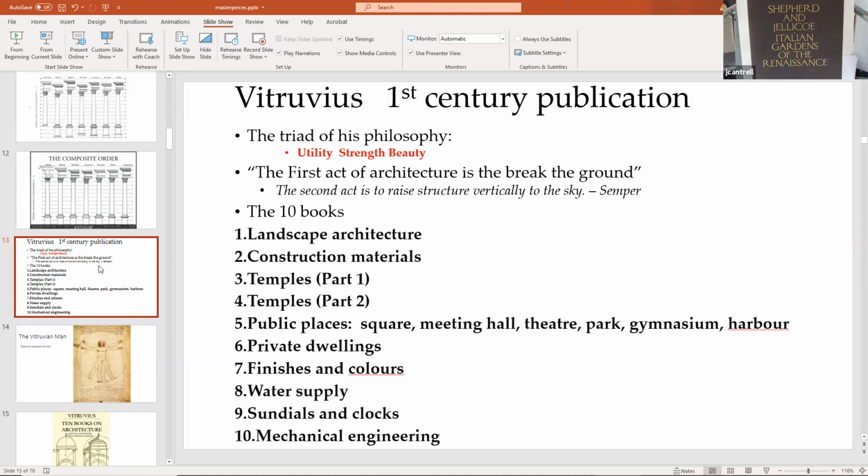There's a mixture of landscape, but specifically construction materials, proportion in architecture, designing a temple, designing public spaces. There's a range of micro scale and macro scale. Finishes and colors, really interesting, and number 9, sundials and clocks. I don't have images of each one of these chapters, but you can see that the writings are more than just the classical orders.